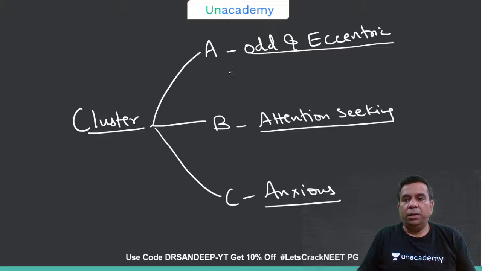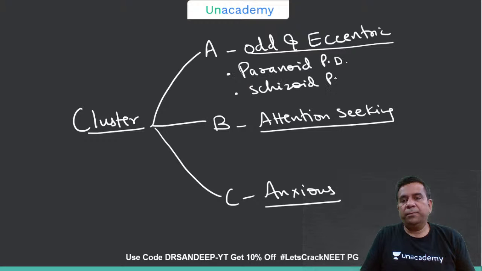In cluster A we have paranoid PD, schizoid PD and schizotypal personality disorder.